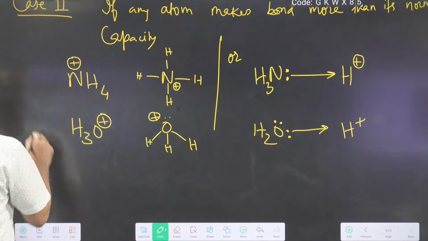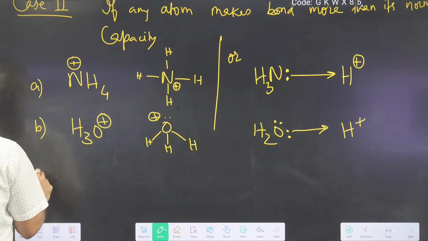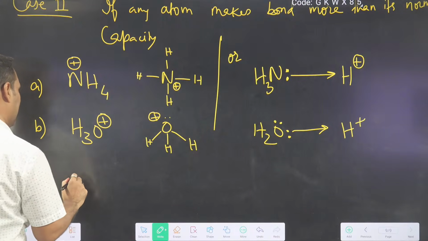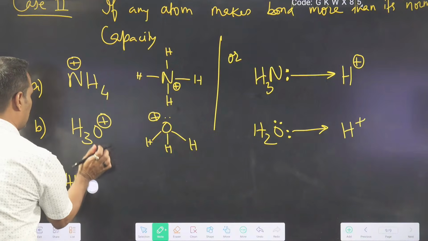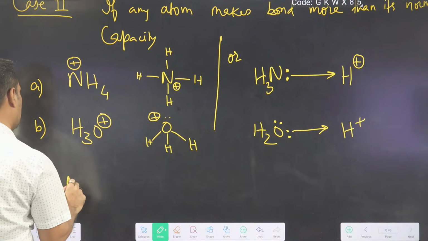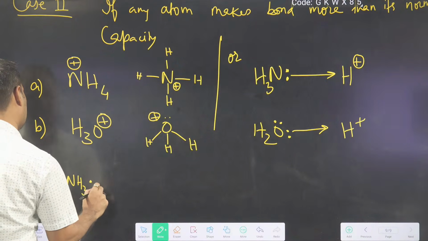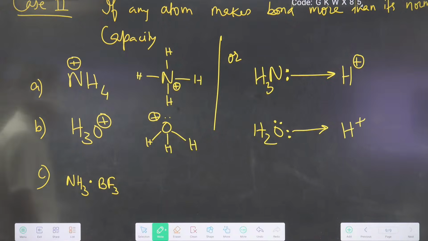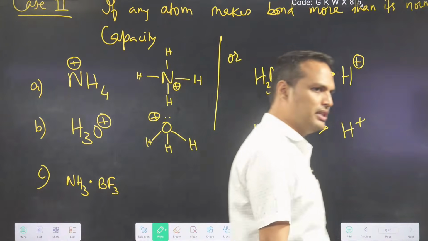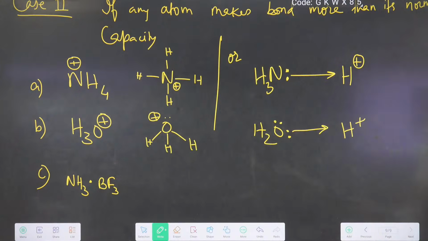Similarly, there is a third example. In the bonding chapter only, there is a question like this. They will write NH3, dot, and BF3. What is the meaning of this? NH3 dot BF3. Everyone see all these examples? Correct.